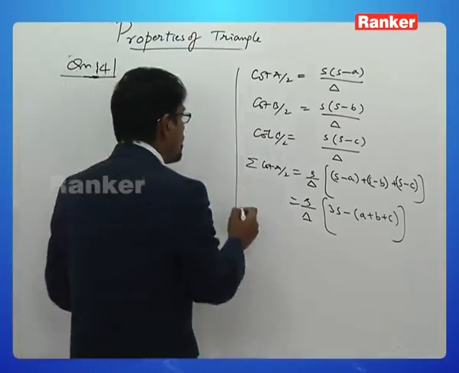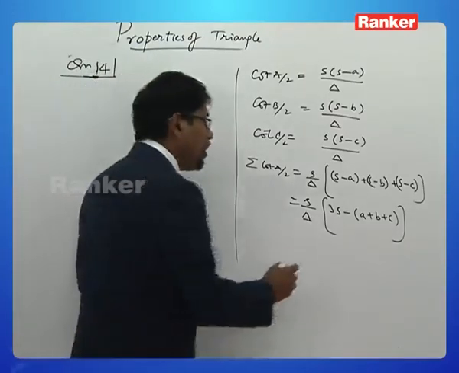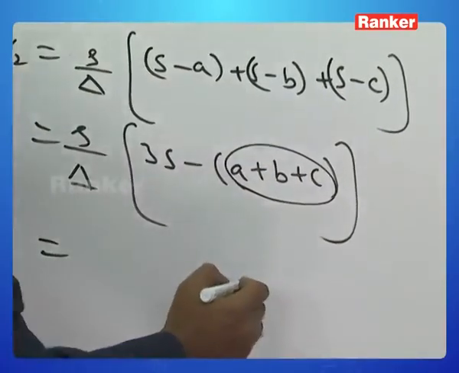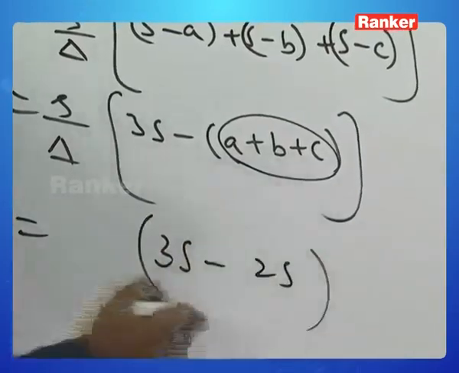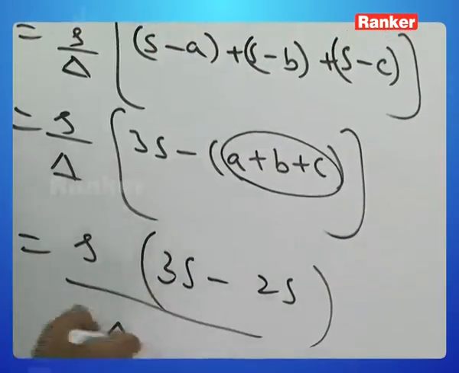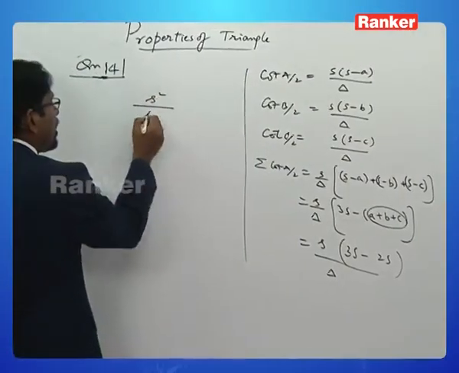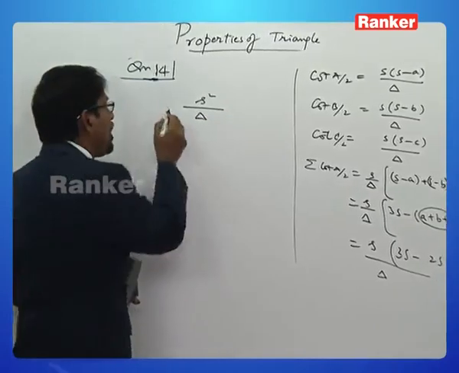What is s here? Semi-perimeter. That is a plus b plus c by 2. So a plus b plus c we can write in the form of 2s. So 3s minus 2s into s by delta. That's going to be s square by delta. So sigma cot A by 2 is turning out to be s square by delta.